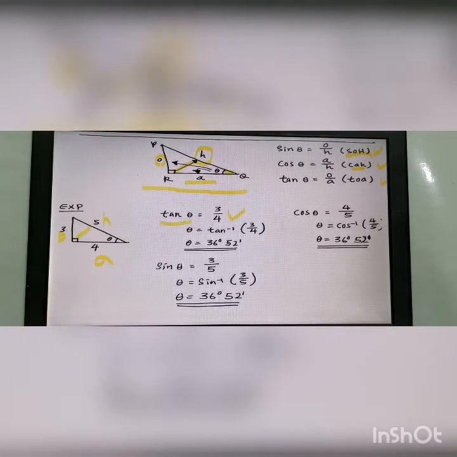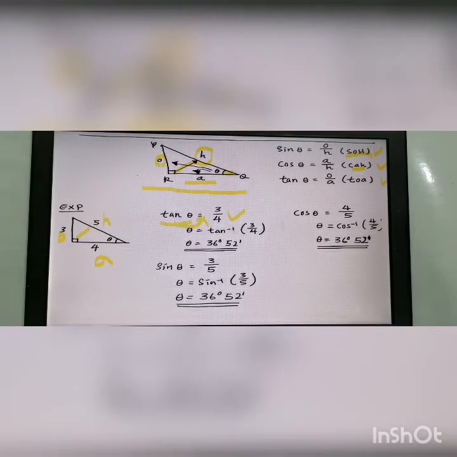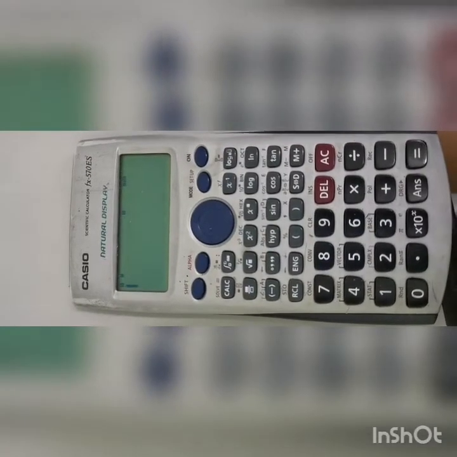If they ask you to find the angle, this tangent you need to move to the right hand side, so it becomes tangent to the power of -1. So how to find this one? You use your calculator, you press shift tangent and 3 over 4, and then you can get the angle. Alright guys, this is an example.